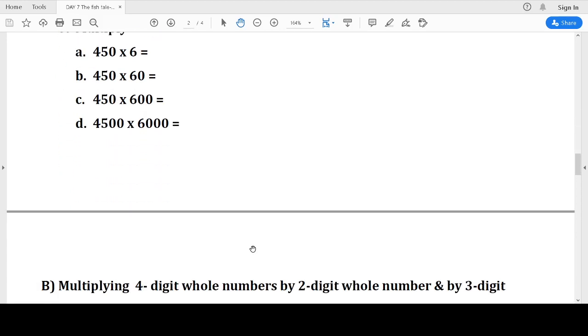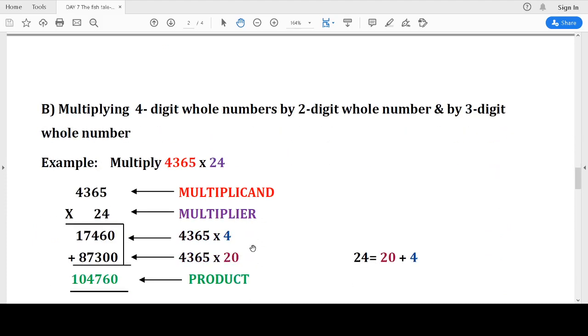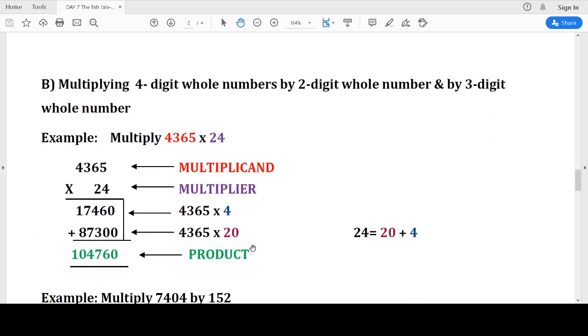It is very simple. Now we shall concentrate on the next concept, that is multiplying a 4-digit number by a 2-digit number or by a 3-digit whole number. So this is the example, 4365 into 24. Suppose you have to multiply this. How do we multiply? This number 24 is called the multiplier, and this is called the multiplicand.